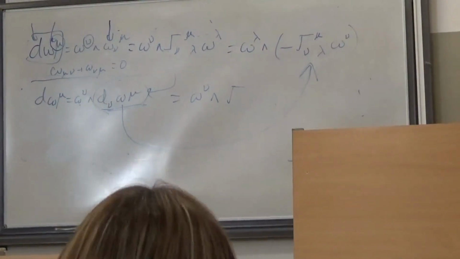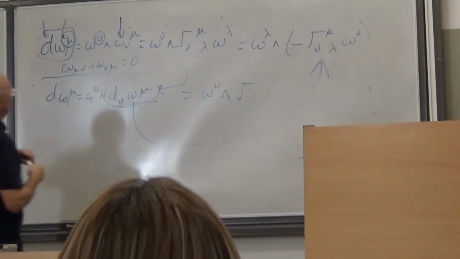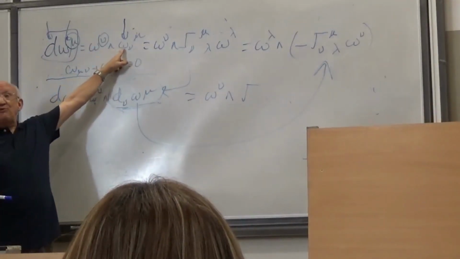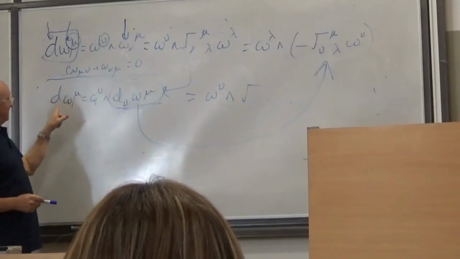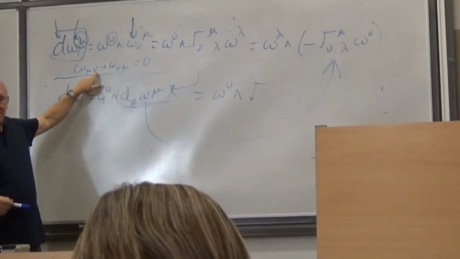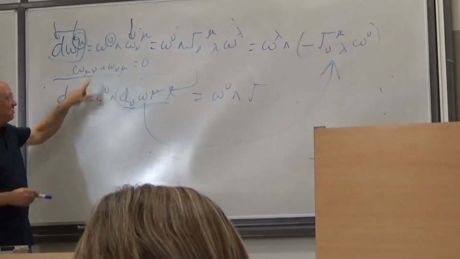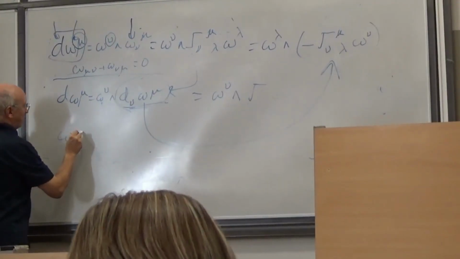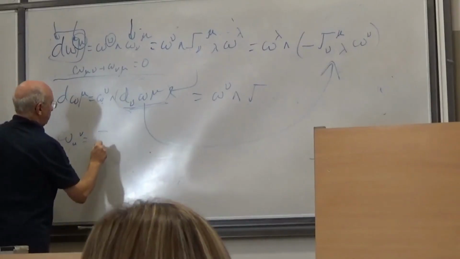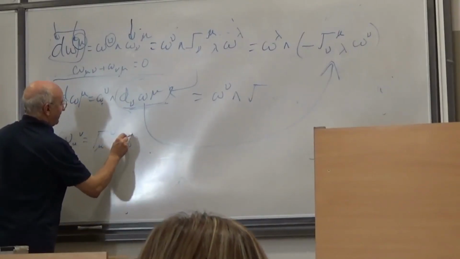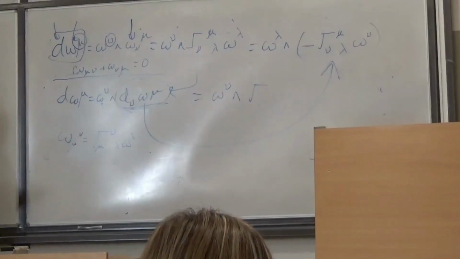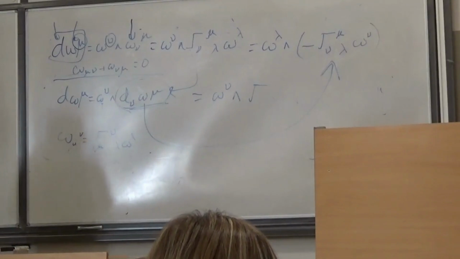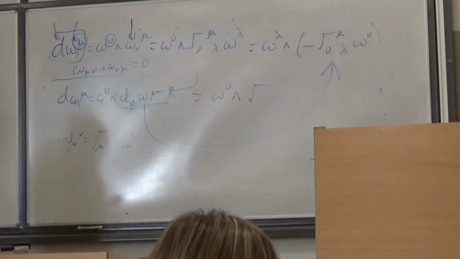Now, warning. When I work with orthogonal bases, it happens that there is this anti-symmetry, which goes, okay, if I write omega mu as gamma mu lambda omega lambda, these are not the Christoffel symbols that you got in the tensor calculus, which involve the derivative of the metric.